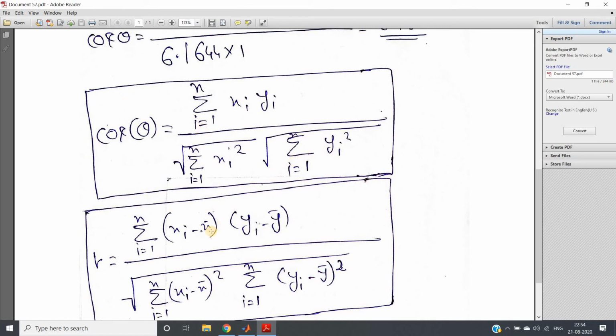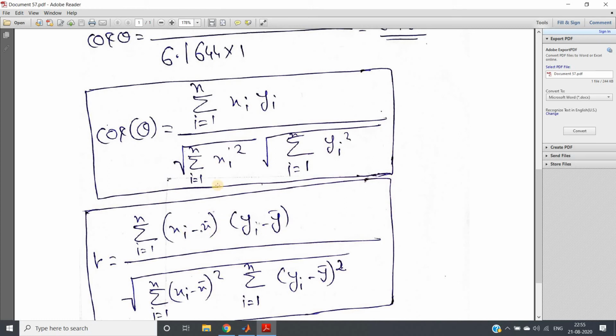So if the mean changes in our data, then although the correlation coefficient will remain unchanged, our cosine similarity will change. That is one fundamental difference. And in another way we can say, if for our dataset the mean is 0, then cosine similarity and correlation coefficient will give us the same result, because if x bar and y bar are 0, then these two formulas are the same, right?